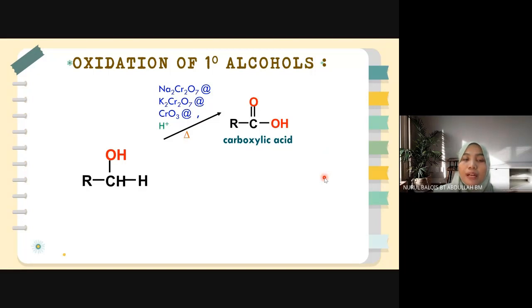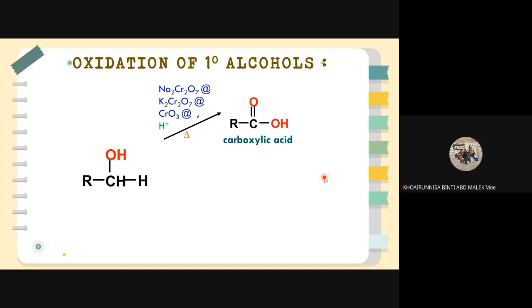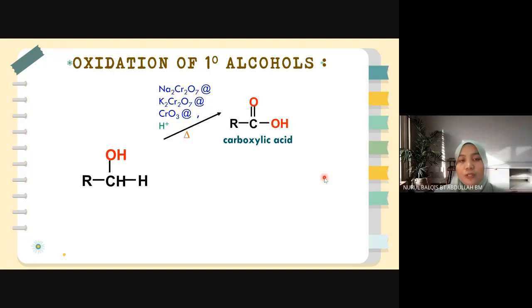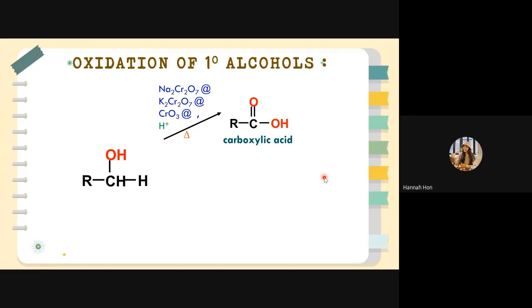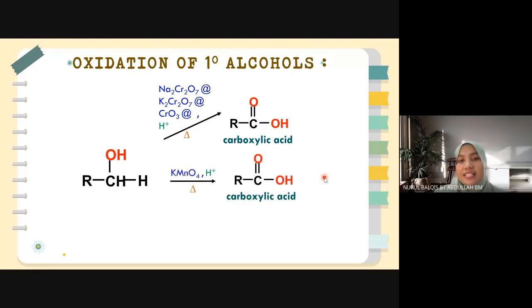If we react them with KMnO4, H+ and heat, awak rasa dia akan dapat apa? Dia kuat ke mild? Strong or mild, the KMnO4? Strong. The oxidizing agent is strong, so you expect to have product of? Carboxylic acid. Yes, carboxylic acid. Okay, good. And lastly, PCC.